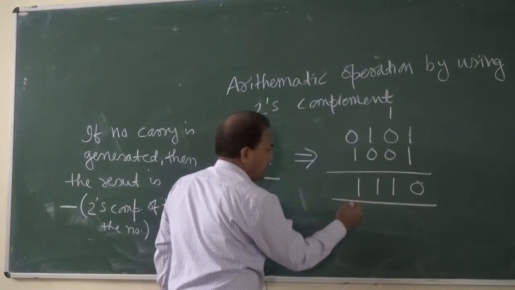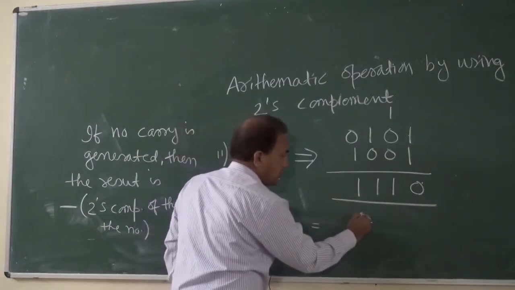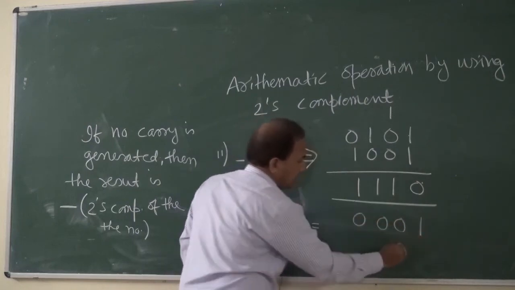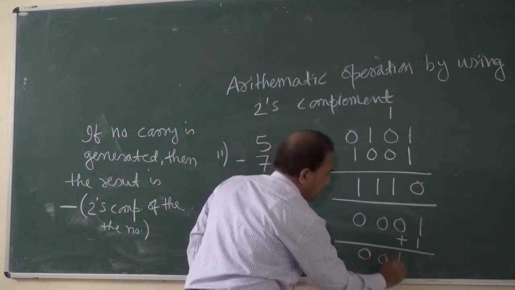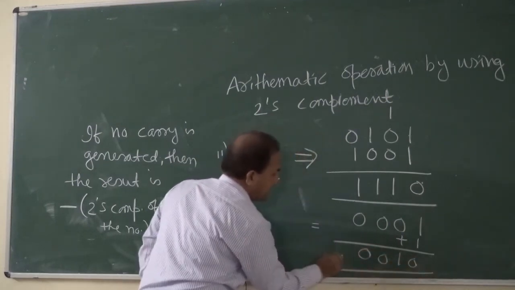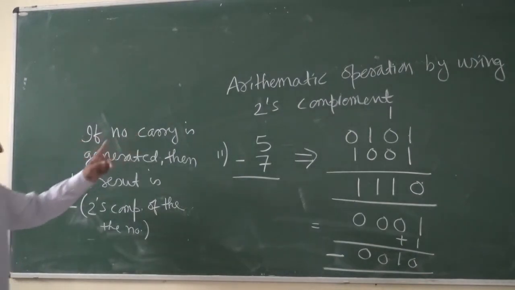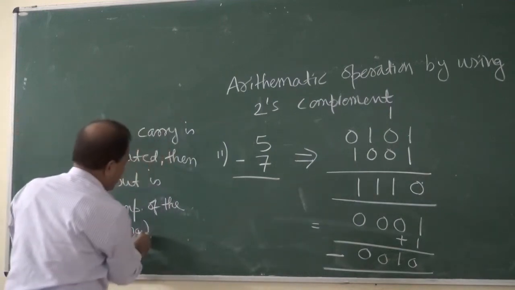So if you do 2's complement, first of all you have to do 1's complement, 0, 0, 0, 1, then plus 1, it is equal to 0, 0, 1, 0, and put a negative sign. So what I have written: if no carry is generated, then the result is minus 2's complement of this number.